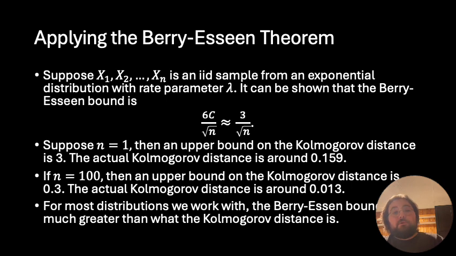For a sample size of 100, the Berry-Esseen bound is around 0.03. We see that the Berry-Esseen theorem heavily overestimates what the Kolmogorov distance for various sample sizes is. So in practice, one would need to calculate the Kolmogorov distances directly if the sample sizes are relatively small.